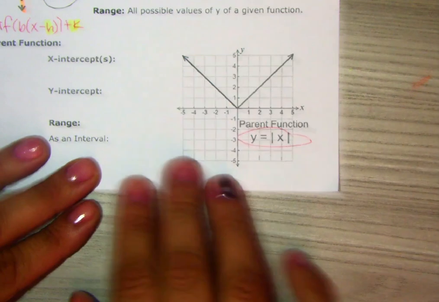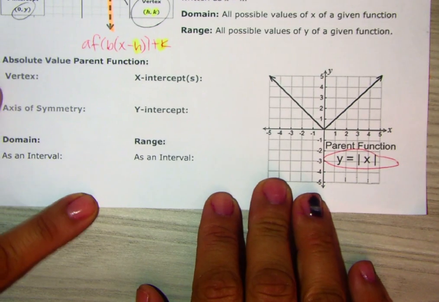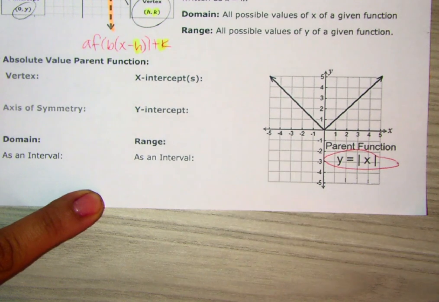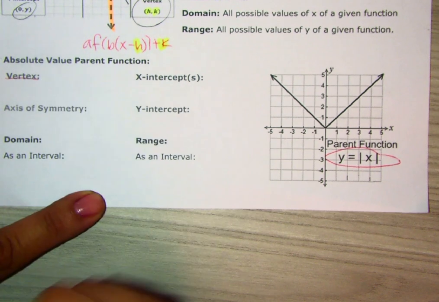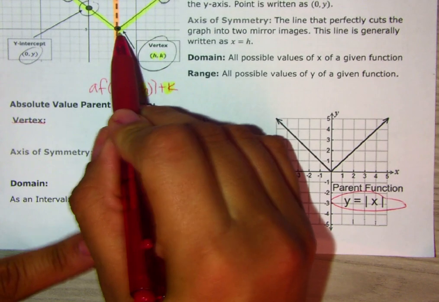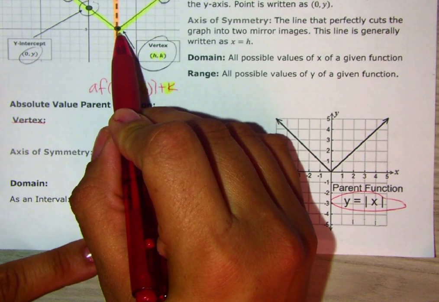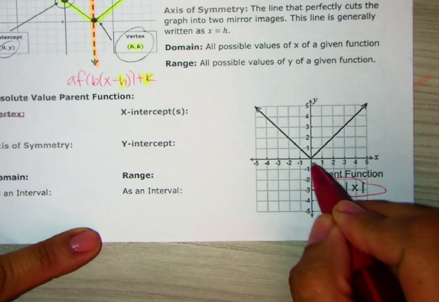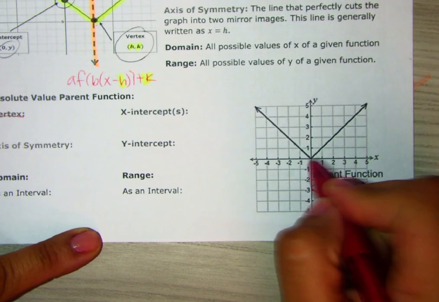Let's analyze this real quick. Your job is to identify these 6 attributes from any absolute value function. The first one is vertex. Vertex is once again located at that turning point, just like in parabolas in quadratics. We have a vertex on the absolute value functions, which is right here in the parent function at 0, 0.